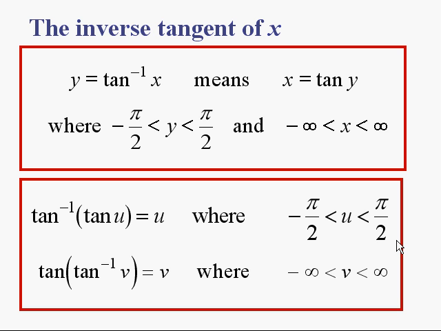So the angle is some reported radian measure between minus pi over 2 and pi over 2. And the v here is a value of the tangent function. The tangent function takes on numerical values between minus infinity and infinity for angles between minus pi over 2 and pi over 2.